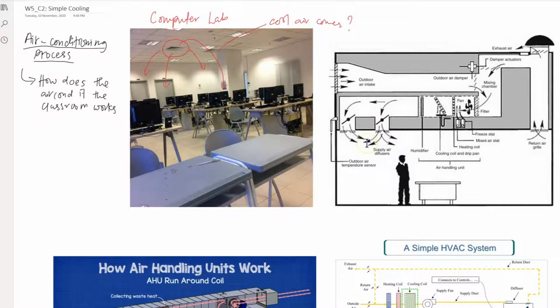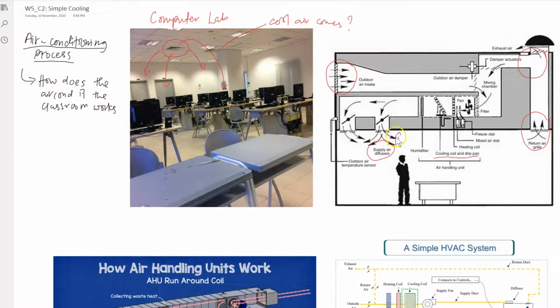Along the way, you will need to pay attention to certain areas. The first part is the supply air diffuser, and then you have this cooling coil and drip pan, and this return grill, and also this juncture, and also this area.